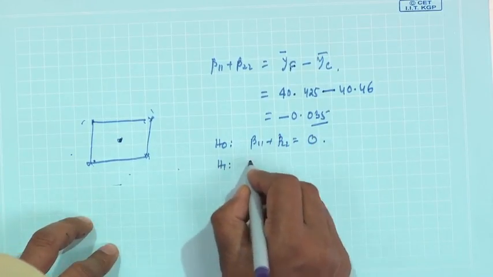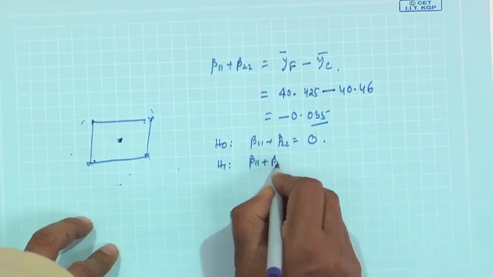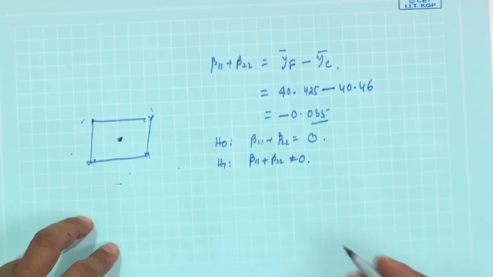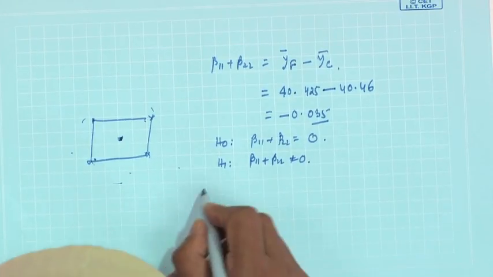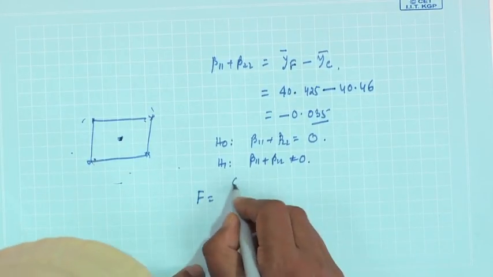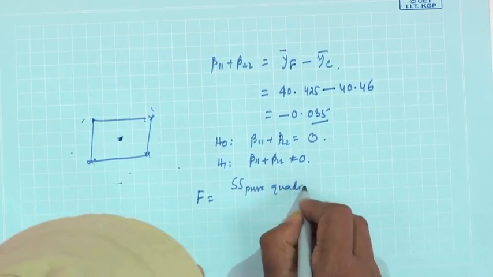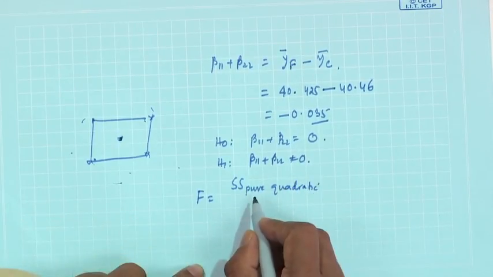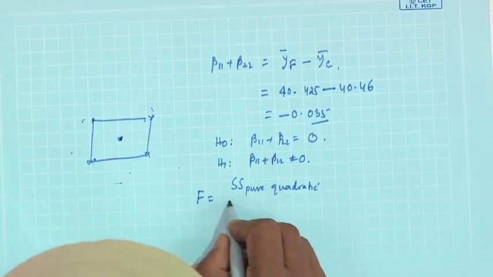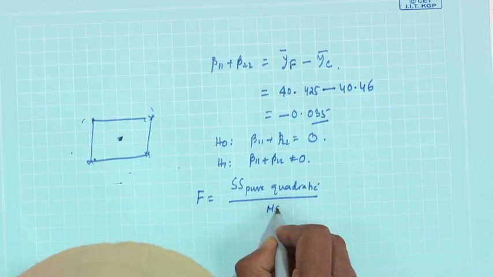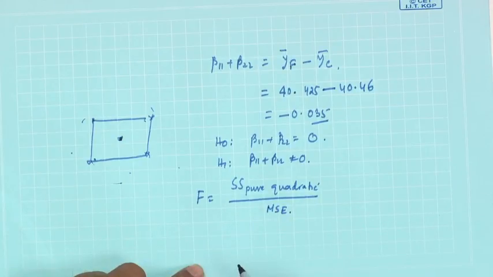Alternate hypothesis is beta 11 plus beta 22 not equal to 0. In order to conduct the F test, you require to know SS pure quadratic divided by, obviously, sigma square, that is MSE.